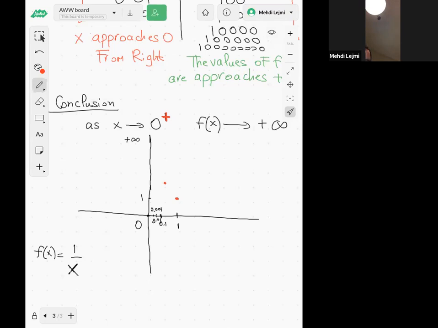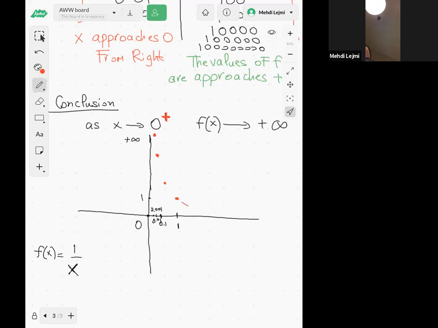If x is like 0.01, 1 over x would be 100, a very large number. If x is 0.0001, then 1 over x would be like 10,000 or whatever, a very, very large number, right? So we are getting a very large number, very close to infinity, right?